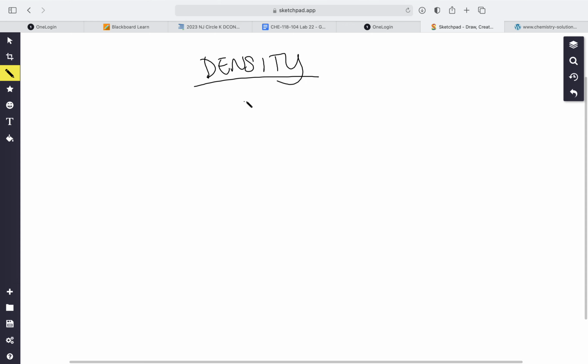Yay, density. So basically what density tells us is how closely packed the molecules are in something, right? So when we're talking about oil, it's not very dense. Water has a density of about 1 gram per milliliter, something like that. I don't think you have to memorize that.